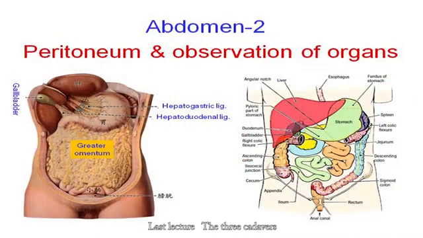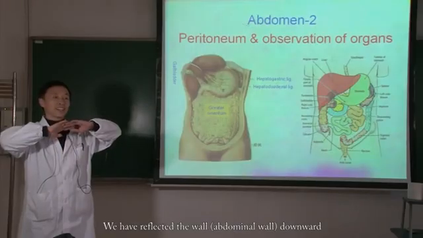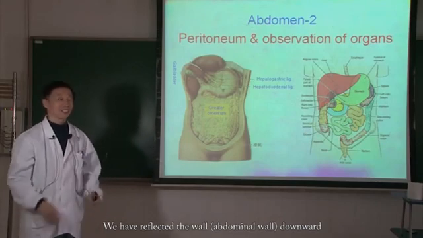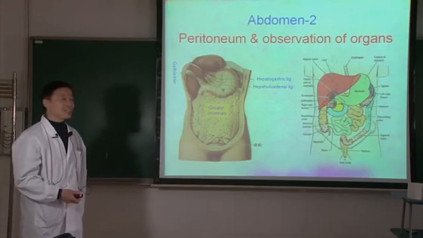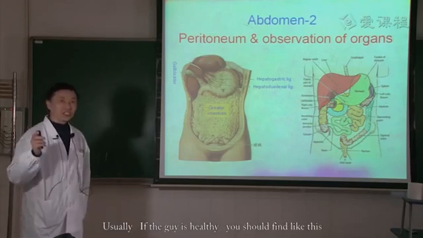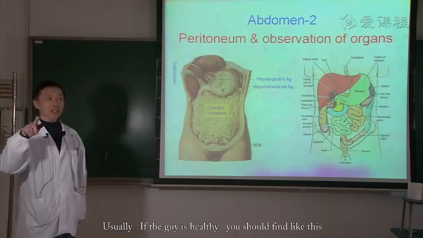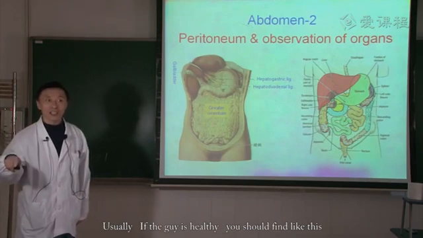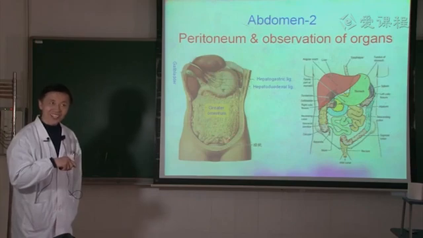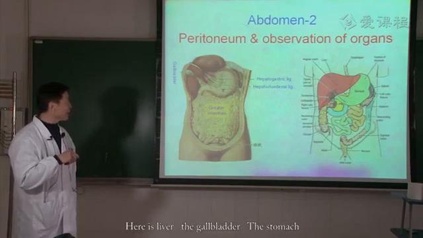Last lecture, the three cadavers, we reflected the abdominal wall downward. Maybe you find some abdominal organs. Usually, if the person is healthy, you should find it like this. Here is the liver, the gallbladder, the stomach.